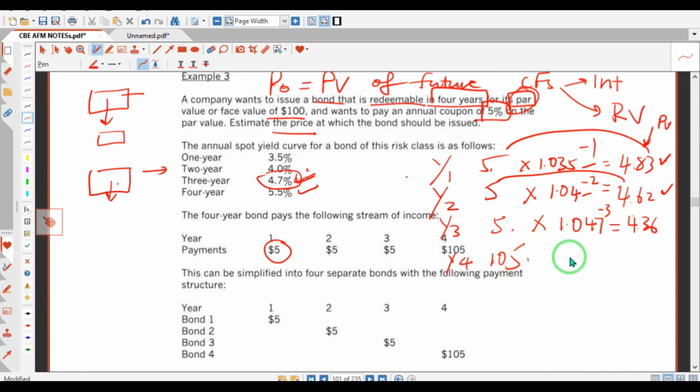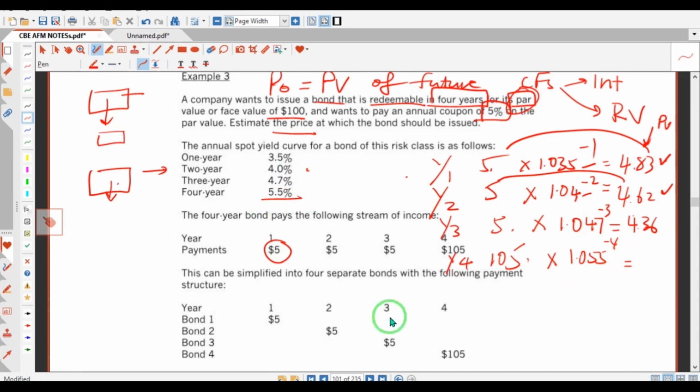So I went to Standard Chartered, and I asked the banker, how much do I need to put in today so that my son can take out $105 at the end of the 4th year? It is going to be at 5.5% return. They're going to give me 1.055 to the power of -4.